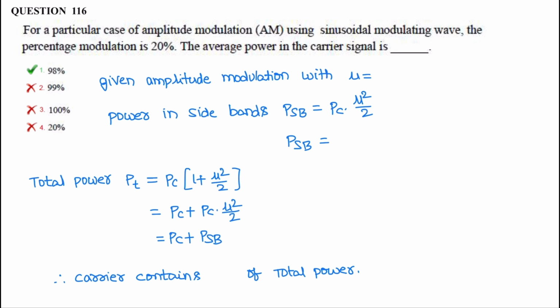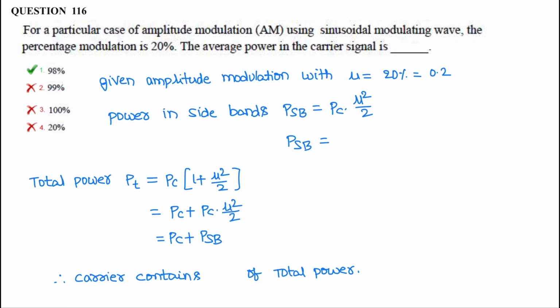Next question. For a particular case of amplitude modulation using a sinusoidal amplitude wave, the percentage modulation is 20%. The average power in the carrier signal is. In the given question, amplitude modulation with modulation index mu is 20%. So 20% is the modulation index, that is 0.2.